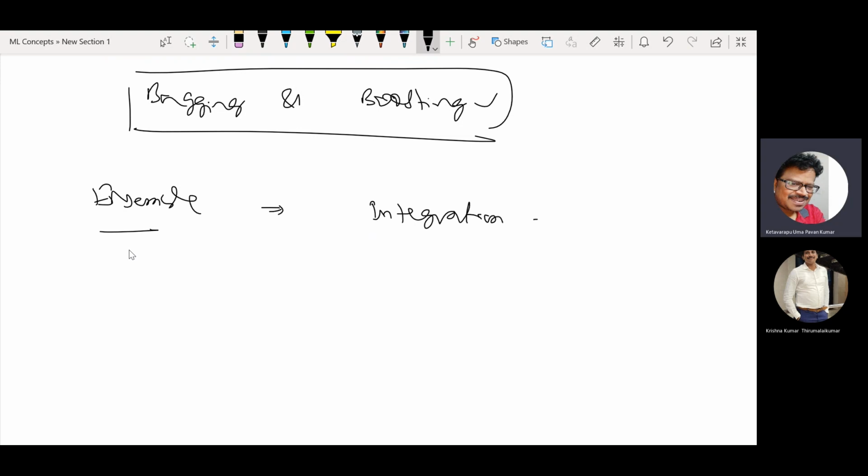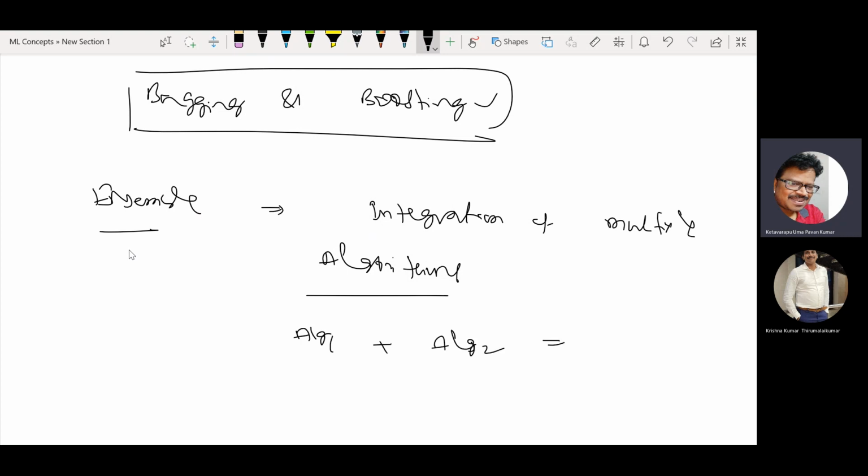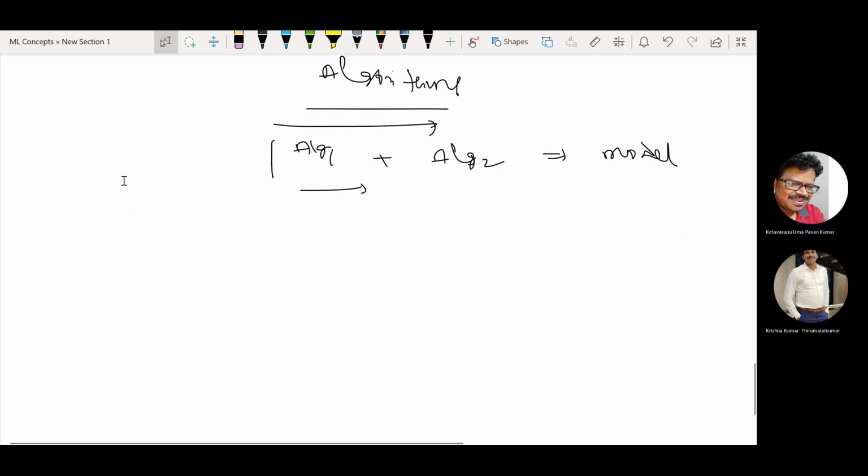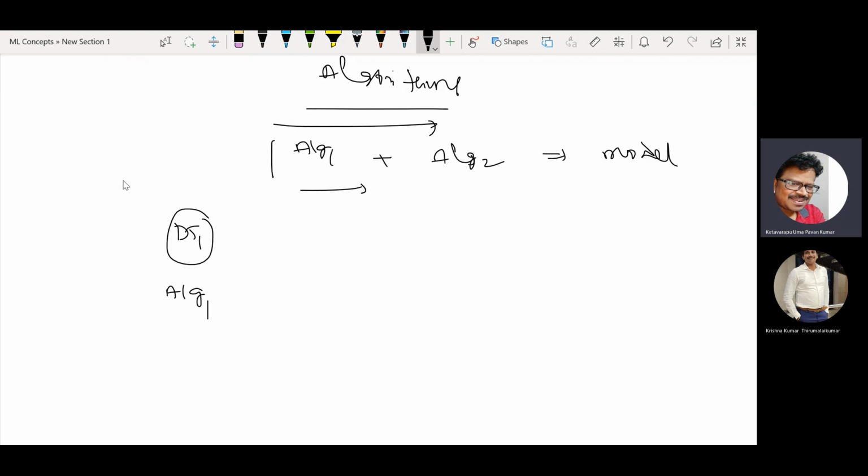In fact, our random forest is an ensemble model. Most importantly, what do we mean by ensemble? It is integration of multiple algorithms. That means algorithm one is there, and I want to mix in algorithm two, and I want to empower the model. Suppose I'm using decision tree one, assume this is algorithm one, and the same bootstrapping on some data with decision tree two, this is algorithm two.